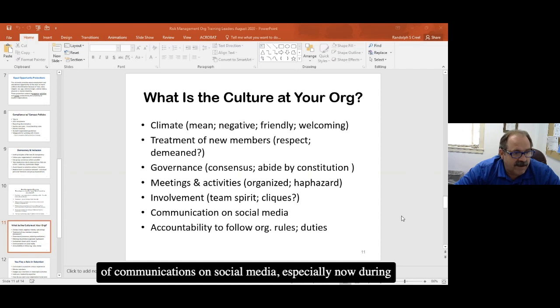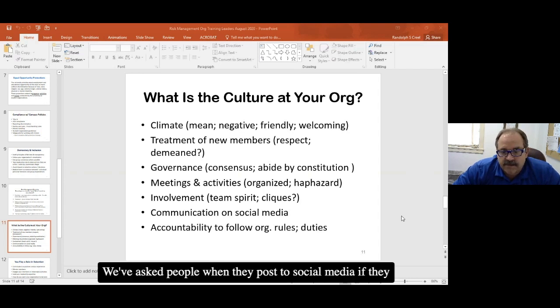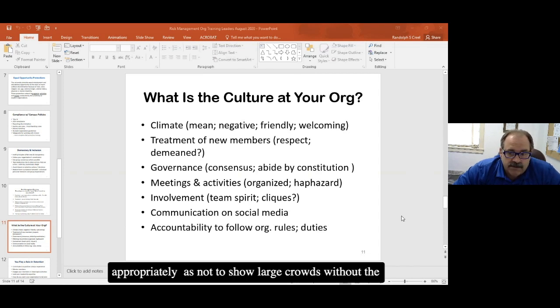Be mindful of communications on social media, especially now during this COVID pandemic. We've asked people when they post to social media, if they are posting a photo from before the pandemic, to date the photo appropriately so as not to show large crowds without the proper non-pharmaceutical interventions being in place, such as wearing a face covering, social distancing, practicing proper hand hygiene, and things of that nature.